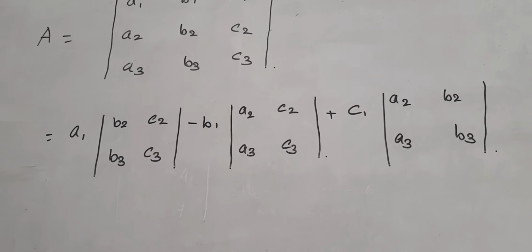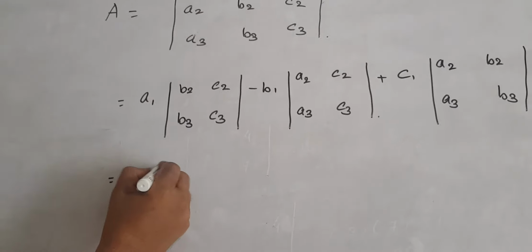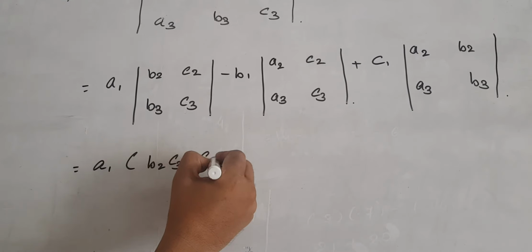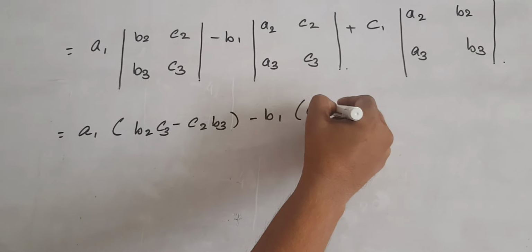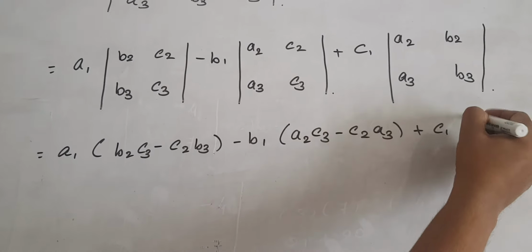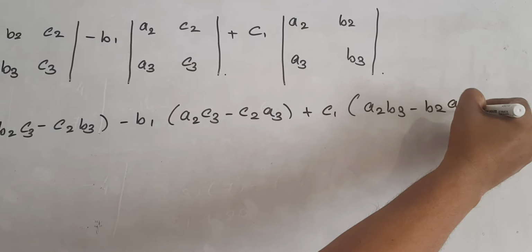Got it? अब क्या करेंगे भाई? So just solve as a second order determinant: a1 into (b2 c3 minus c2 b3), minus b1 into (a2 c3 minus c2 a3), plus c1 into (a2 b3 minus b2 a3).